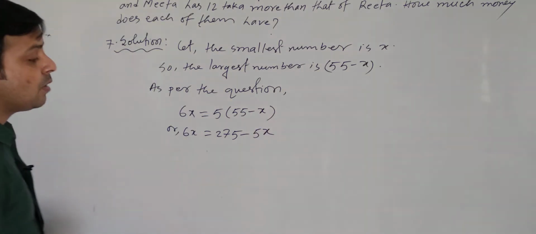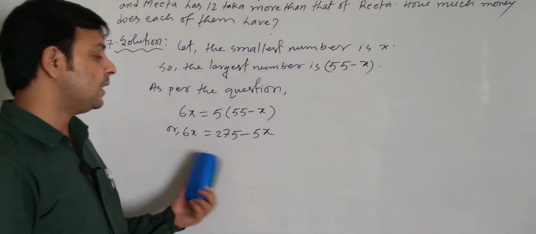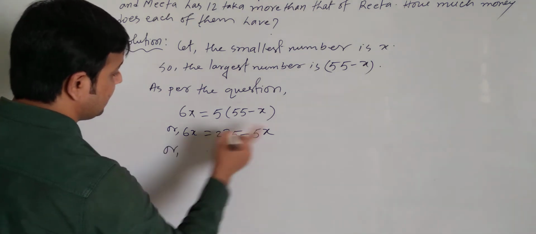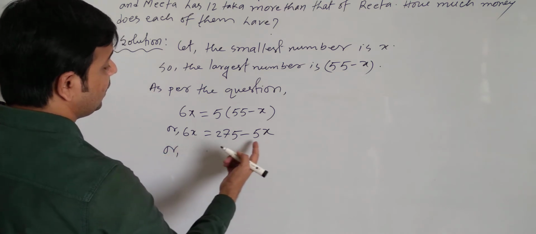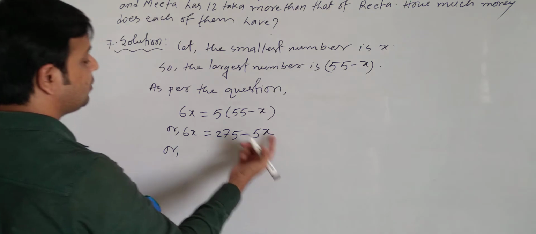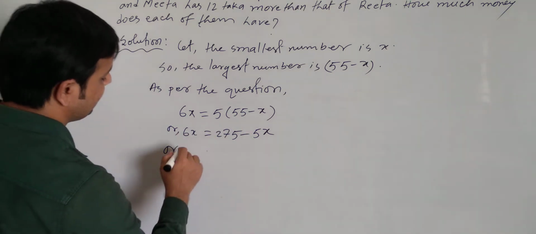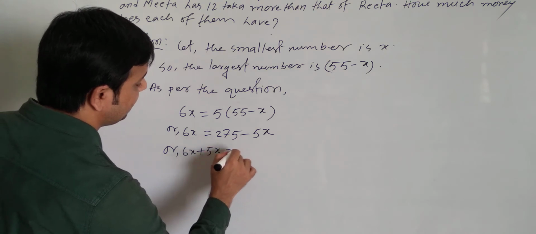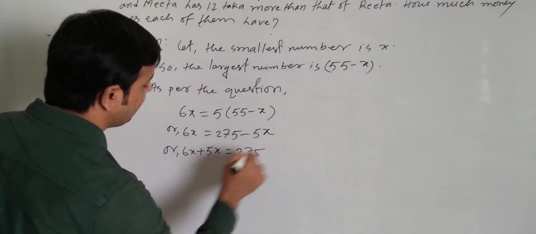Okay dear students, now we have to take the variable in one side, so we have to take 5x in the left side as it is negative in the right side, it will be positive in the left side. 6x plus 5x, that will be 275.